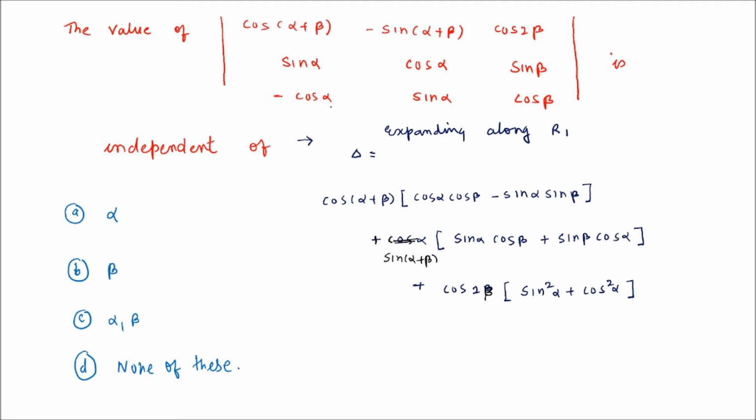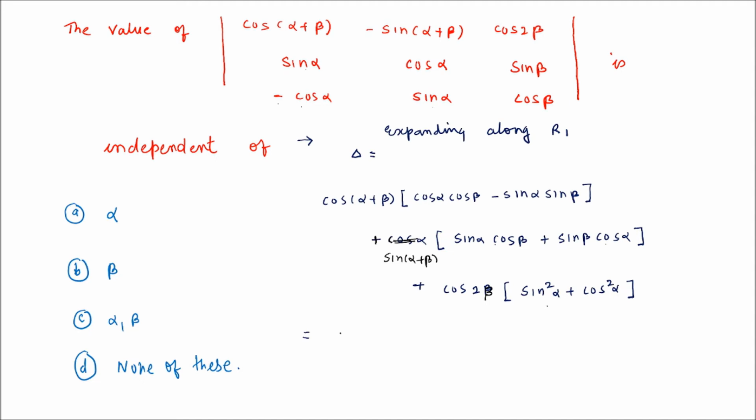So cos of alpha plus beta into, deleting first row and first column, cos alpha into cos beta minus sin alpha into sin beta, minus of minus, it will be plus, sine of alpha plus beta into, deleting first row and second column, sine alpha into cos beta minus of minus plus cos alpha into sine beta. This again plus cos 2 beta, deleting first row and third column, sine alpha into sine alpha square minus of minus plus cos alpha into cos alpha.